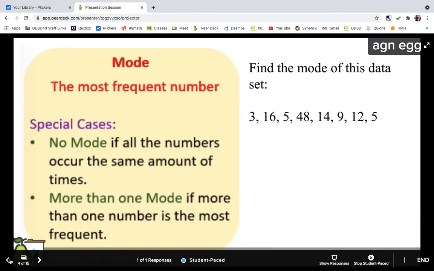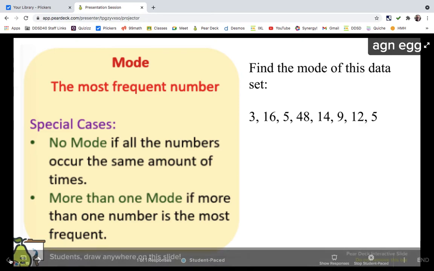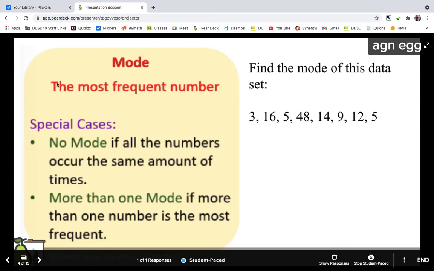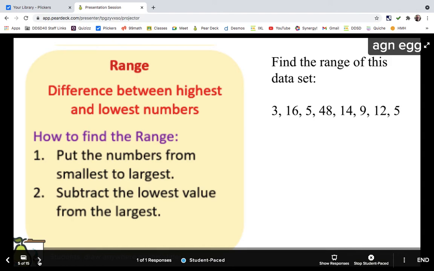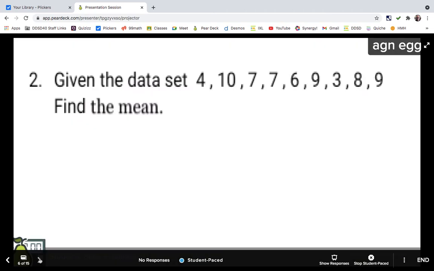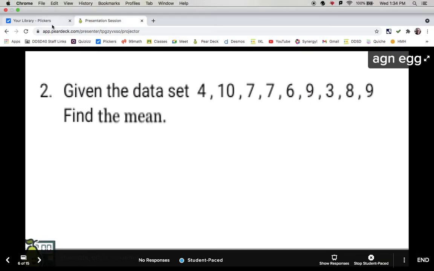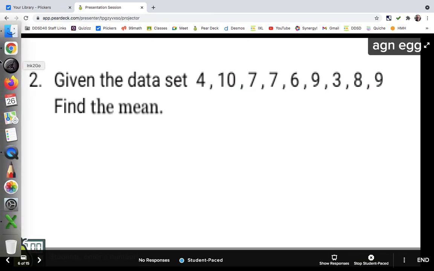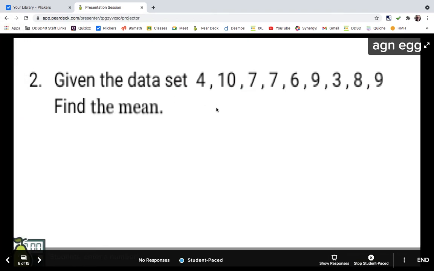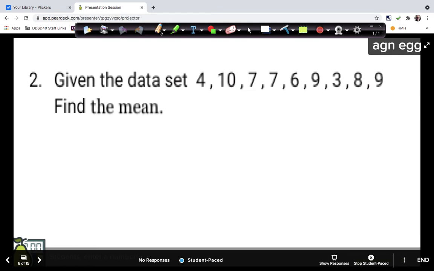So the most frequent number here is a 5. So the mode was 5 on this one. I'm not going to write that one down. The range on this, it ranged from 3 to 48, the smallest and the largest, so that's 45. And this one, to find the mean, you add all these up.